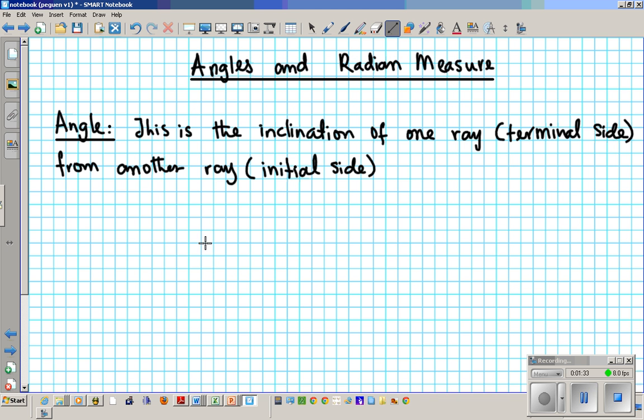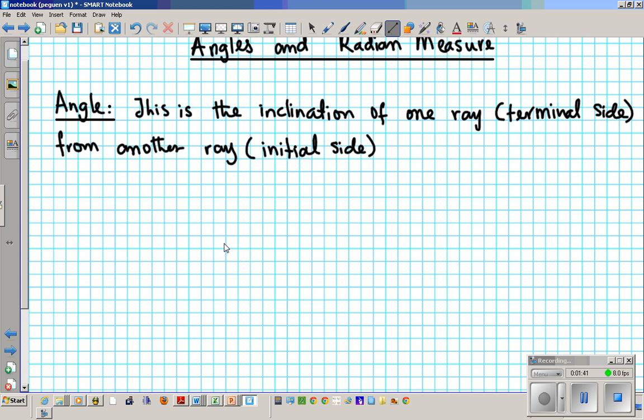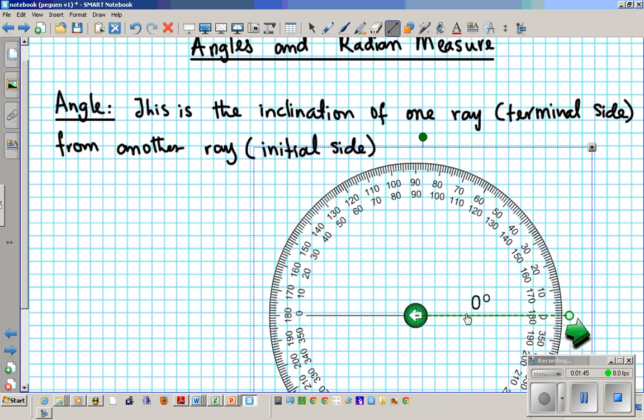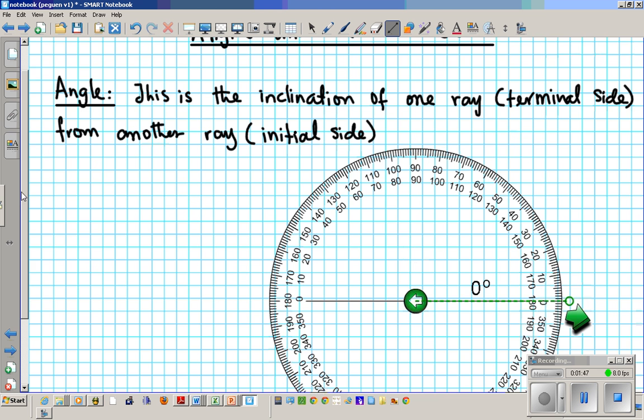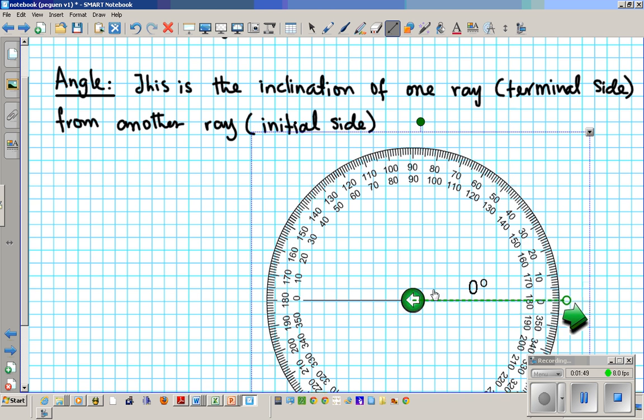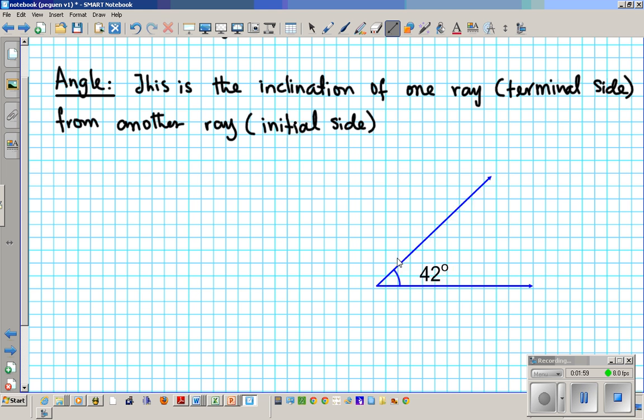Alright, so what does this look like graphically? Let's take a look at what an angle looks like. I know you've come across this in geometry and other math classes. Let's say we have a protractor starting from 0 degrees. What if I move this angle up a few degrees, let's say 42 degrees? What I've just created is an angle.